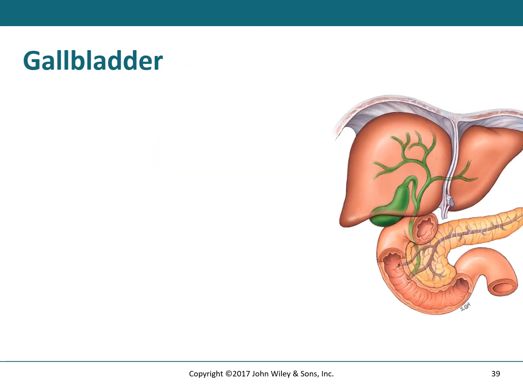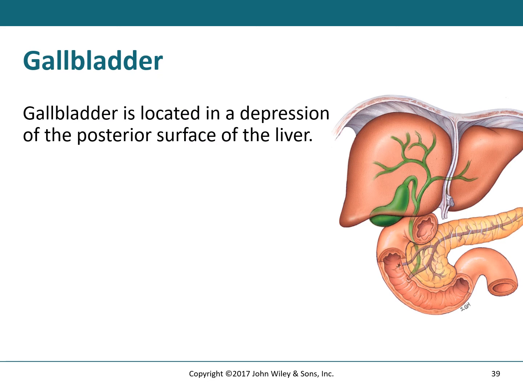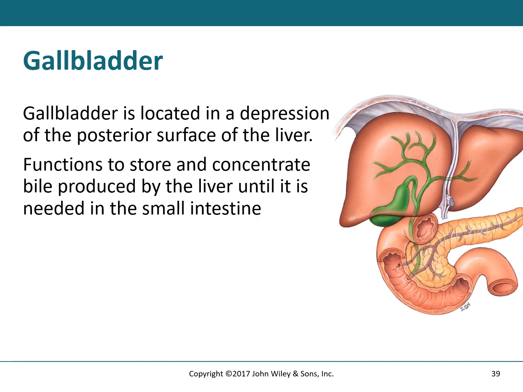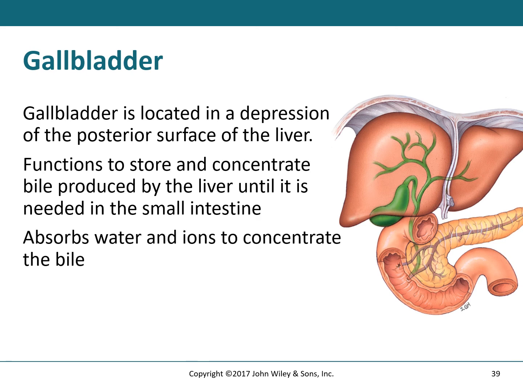If you were looking for the gallbladder, you would actually find it located on the posterior surface of the liver, just on the underneath surface of the liver if someone was lying down. And I talked about this a little bit ago, but basically the function of the gallbladder is to store bile. It doesn't actually make the bile. The bile is produced by the liver, but it's stored in the gallbladder until it's needed in the small intestine.